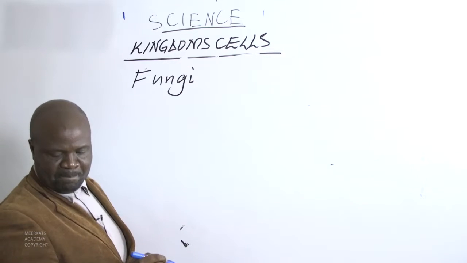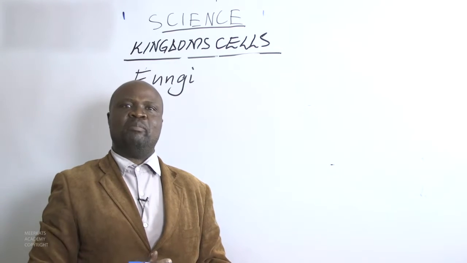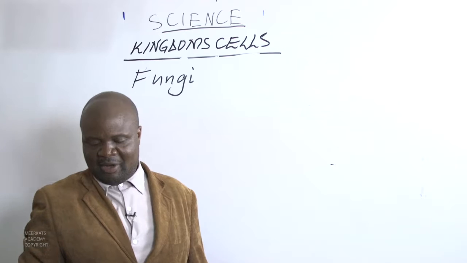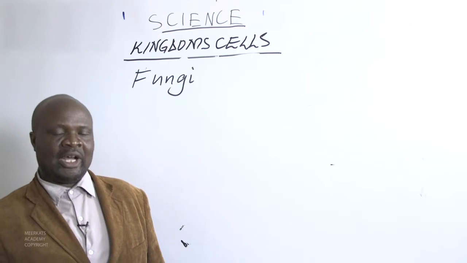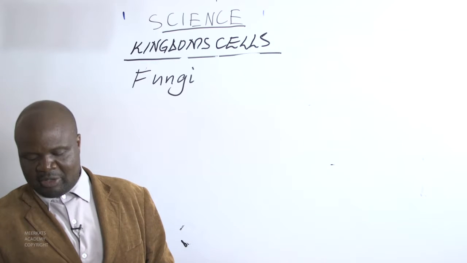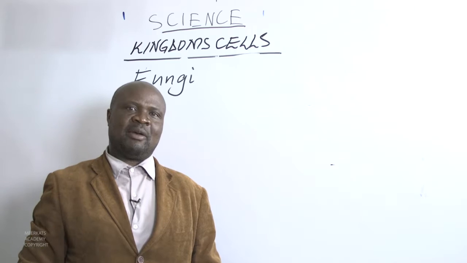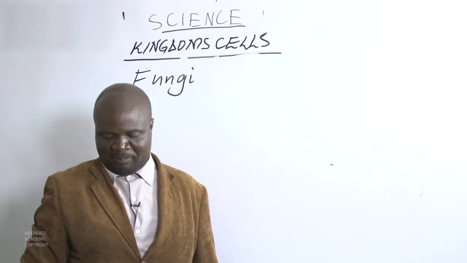The fungi can be made up of many cells. So if the fungi are made up of many cells, they are multicellular. At the same time, organisms in the fungi kingdom can be made up of only one single cell. So those fungi that are made up of one single cell are unicellular.